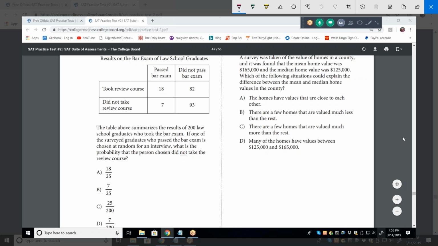Well, we have actually 100 people that didn't take the review course, right? Oh, so you're talking about the bottom row. Yeah, exactly. In other words, we need to figure out who did not take the review course. Well, that's everybody there. So that's 7 didn't take it and 93 didn't take it. 7 didn't take the review course but still passed the bar exam. But 93 didn't take the review course and did not pass the bar exam. So there was a total of 100 people that did not take the review course.